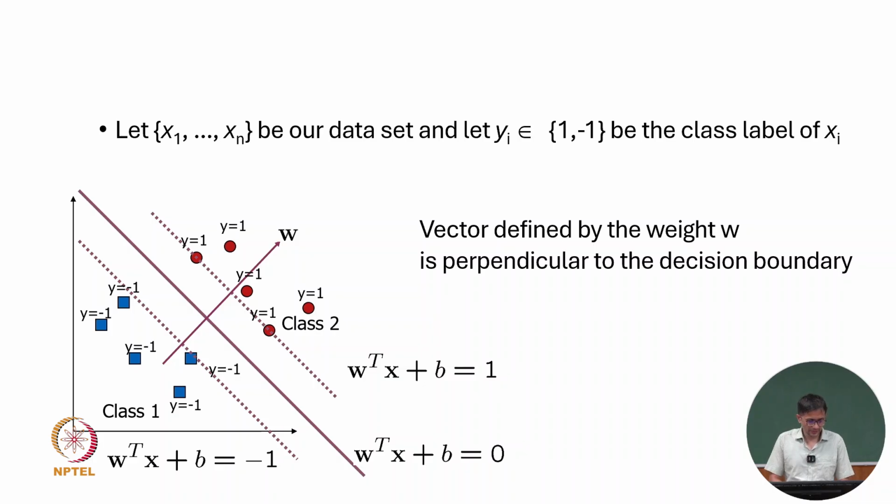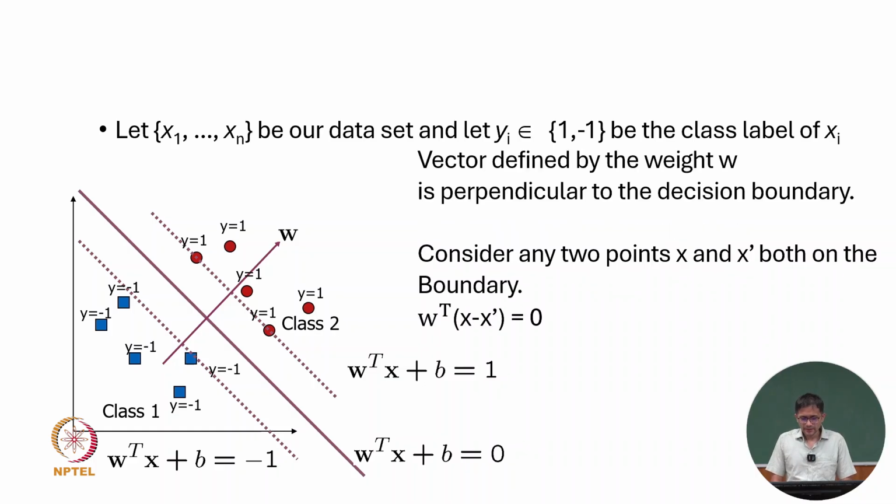So this is a decision boundary, and the vector defined by weight W is perpendicular to this decision boundary. Why so? To simply see this, you can think about two different points, x and x dash, both on this boundary.